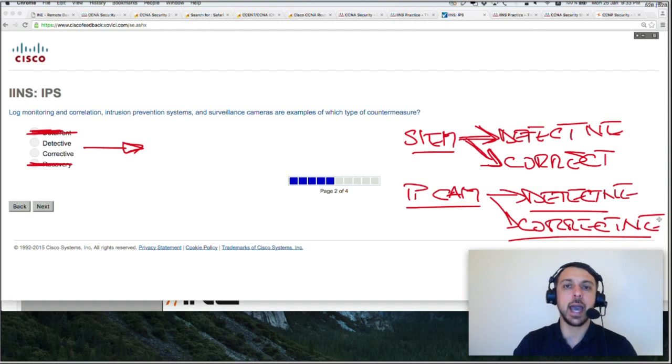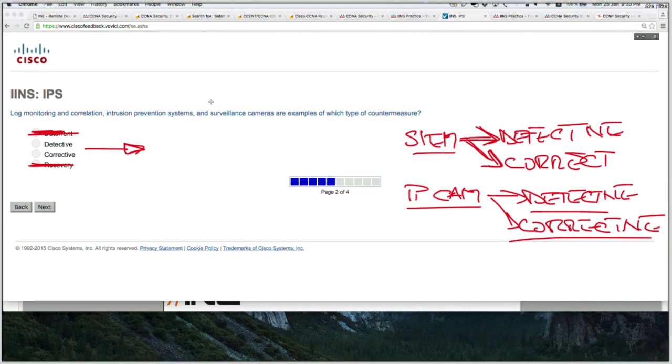It can alert somebody, or signal to a system that motion was detected in room number whatever, and that system can take action and, I don't know, start the alarm, or close the doors or whatever. So the IP camera is primarily a detective tool, but it could also be corrective. Likewise, a SIEM is primarily a detective tool, but could also be corrective.